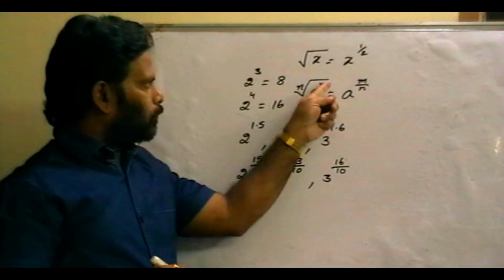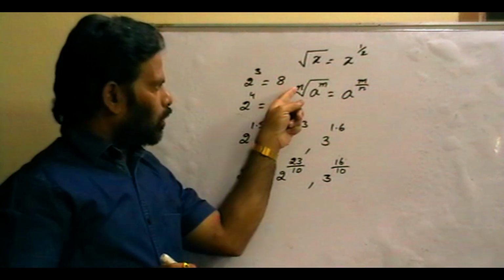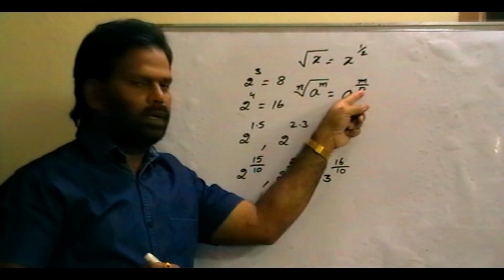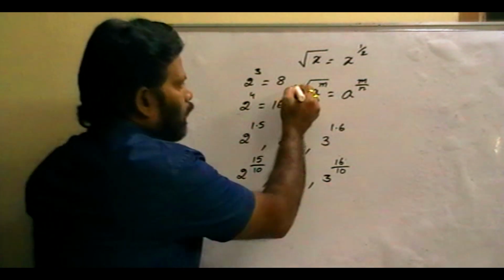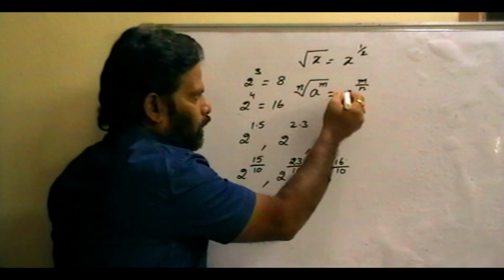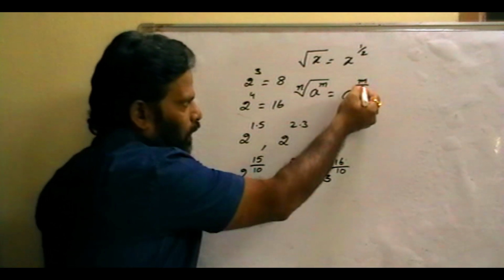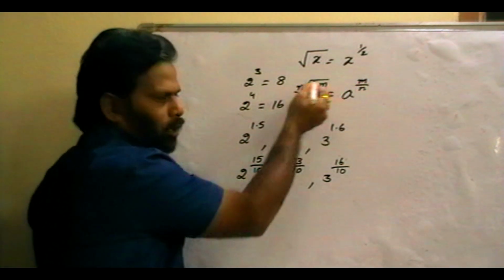It is an nth order surd, that means n is the order of the surd. So nth root of a to the power of m is nothing but a to the power of m by n. And in reverse, a to the power of m by n means nth root of a to the power of m.